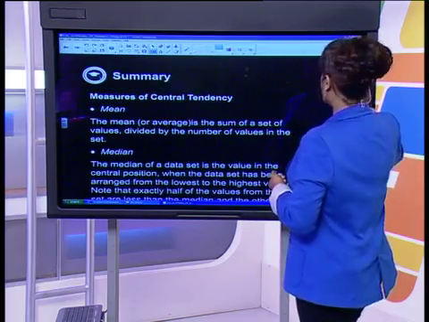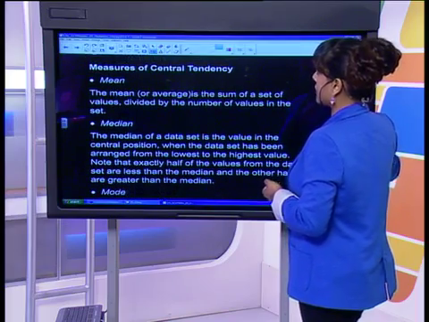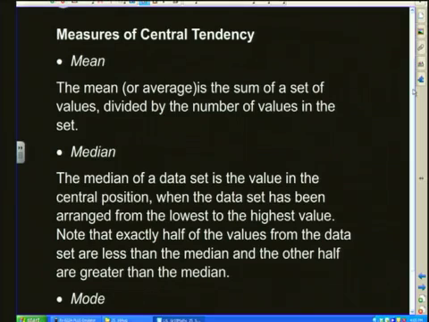Okay, so speaking about measures of central tendency, just a reminder of what we are talking about there. There's three different types of measures of central tendency. First, we'll look at the mean. The mean is also known as the average, and it's the sum of a set of values divided by the number of values in the set. All right.